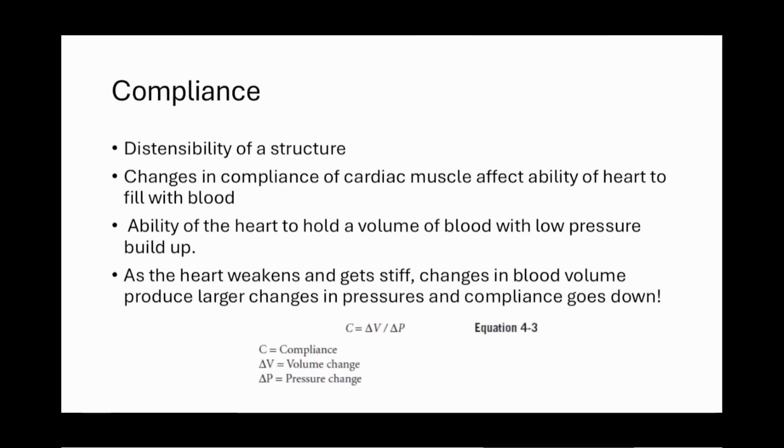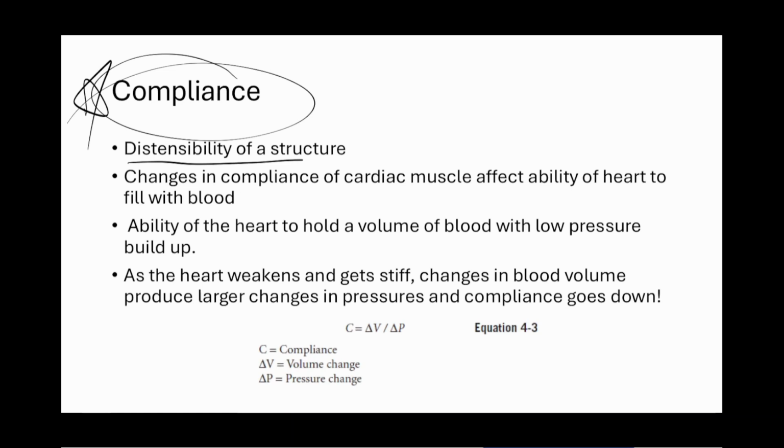Now, this one, star it, whatever you want to do, this is one of those definition words you've got to know. Compliance. How compliant is the structure? How compliant is your left ventricle? Compliance discusses the distensibility of a structure. How relaxed can it get? Can it accommodate a certain amount of volume of blood?